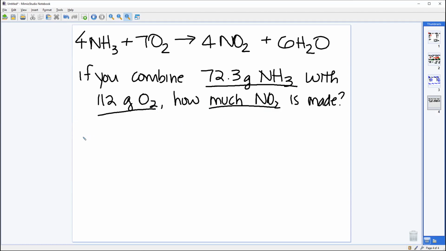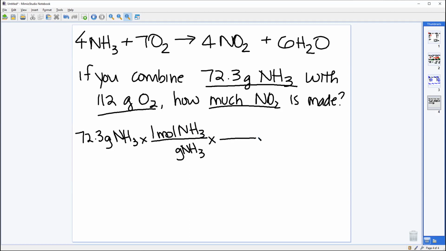So when I set up my skeletons, it's still going to be a 3-step problem because I'm going from grams to grams. So my grams of NH3 go here, and that's the amount in 1 mole because this is my molar mass. Then I'm going to use my mole to mole ratio. I'm trying to solve for NO2, so I'm going to put moles of NO2 at the top.